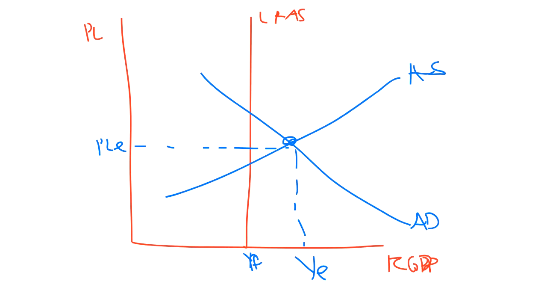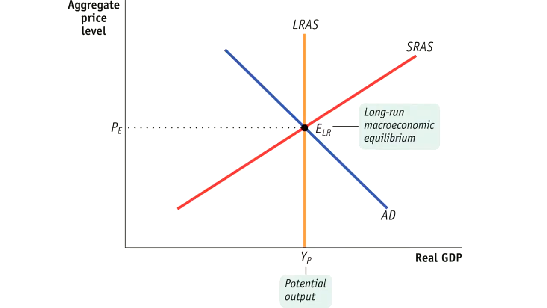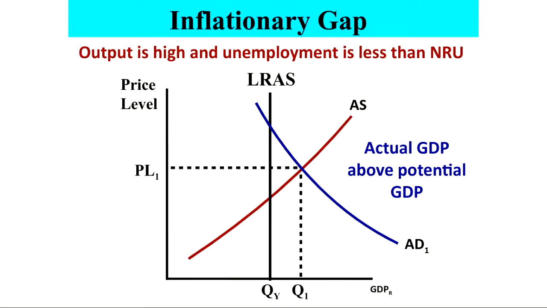So let's go back to this guy and look at what happens if I'm not on star marks the spot, right? So this is where I want to be. If I'm in a situation like I just drew, where my equilibrium point is out here anywhere to the right side of the LRAS, we call it an inflationary gap.